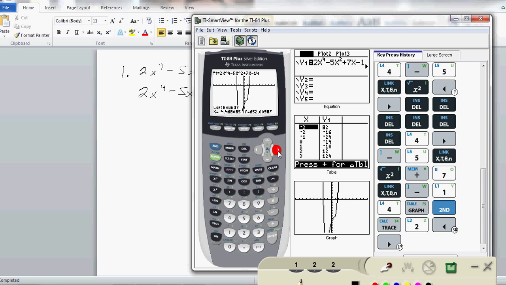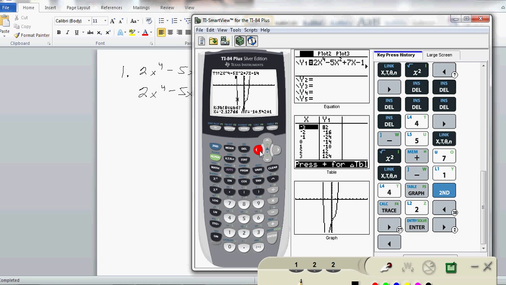Need to watch carefully as that. See, there I'm slightly to the left, and then I need to go slightly to the right. So right there, and then guess. You see it's negative 2.31, and then I need to find this one over here as well.